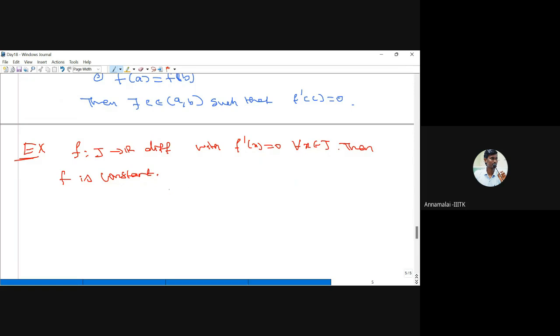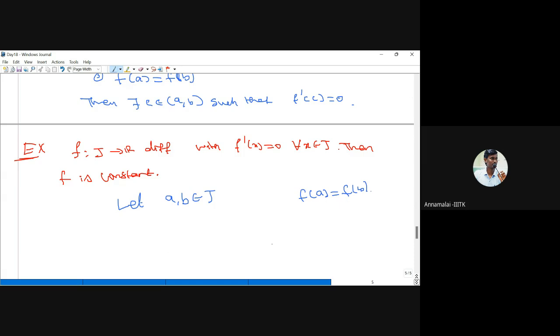So what we have to prove: let x comma y, or some a comma b, be any two points in the interval J. J is any interval, we don't know which, maybe a closed interval, or R if you take the entire real line. We have to prove that f of a equals f of b, because if for any two points the image is the same, then everything maps to the same value.